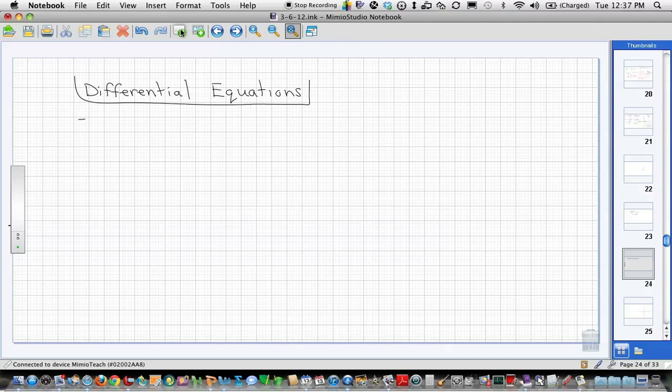Okay, first of all, what is a differential equation by definition? An equation with a derivative in it. That's it. What is another thing we learned about differential equations?